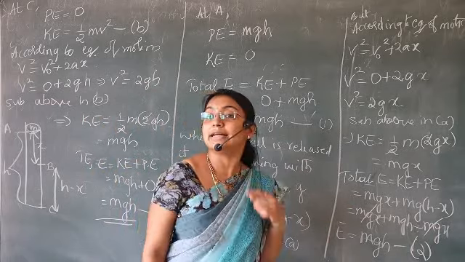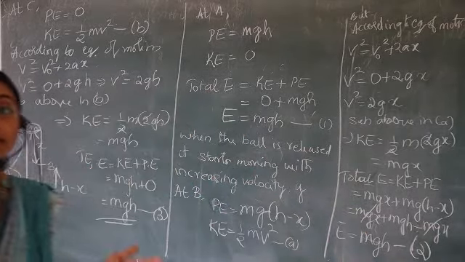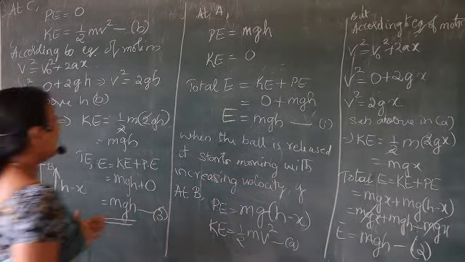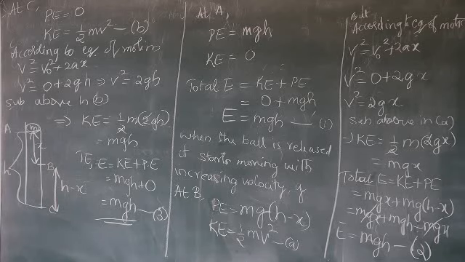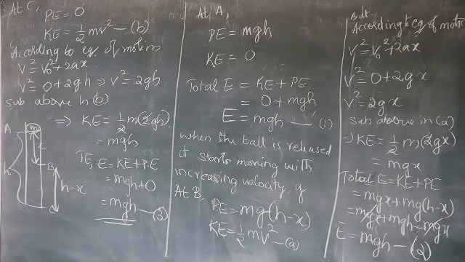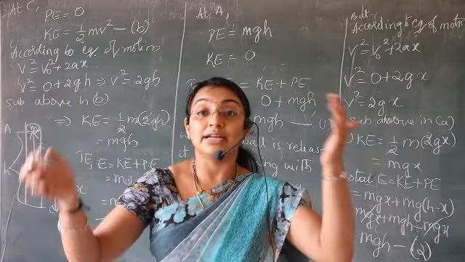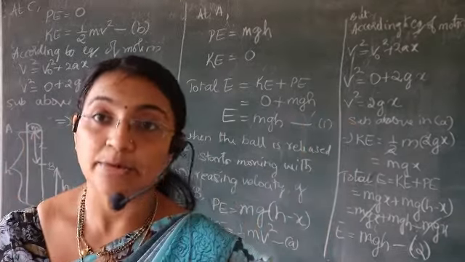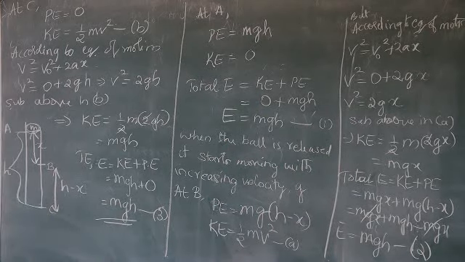Yes. Total energy at the point A is equal to total energy at the point B is equal to total energy at the point C. So at all the points the expressions are the same. Hence the mechanical energy of the system is conserved. Conserved means it is remaining the same. Nowhere has the energy been destroyed. It is remaining as it is.